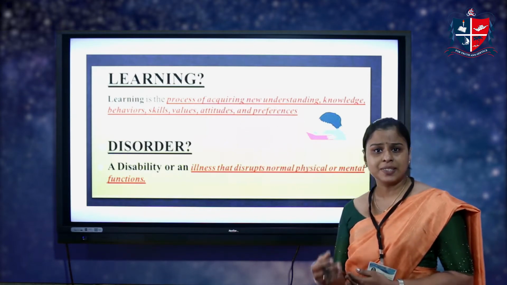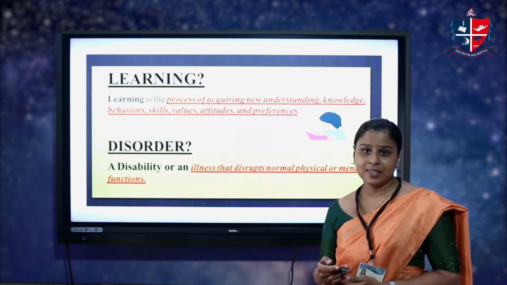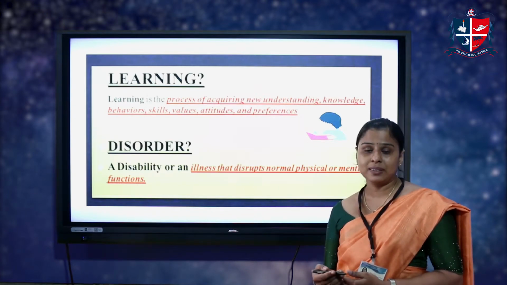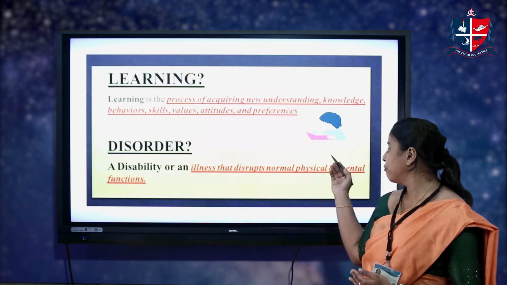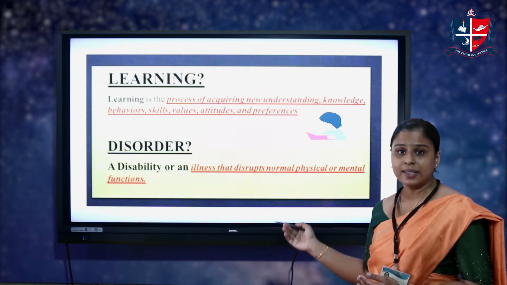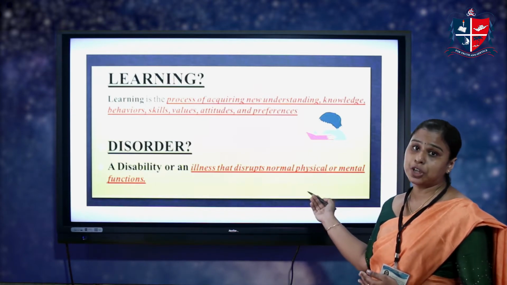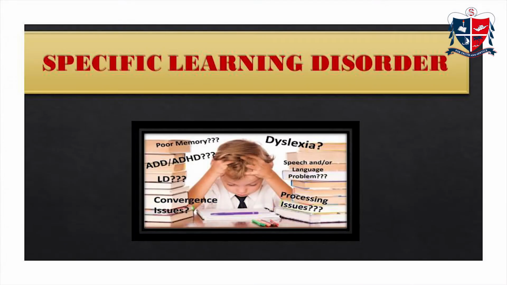Then what is a disorder? A disorder is a disability. That is, if a child has an inability to do something, an inability in functioning, physical or mental, an illness that disrupts the normal functioning of physical and mental functions.